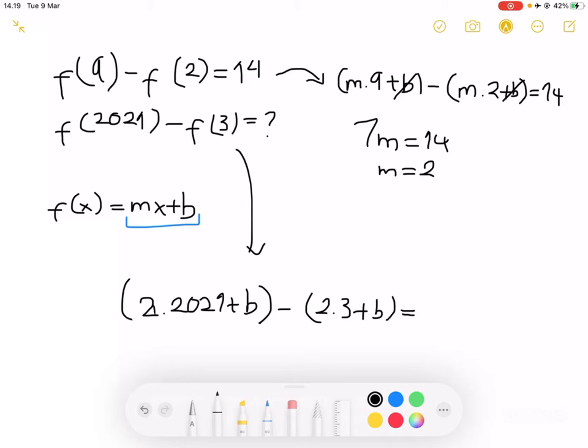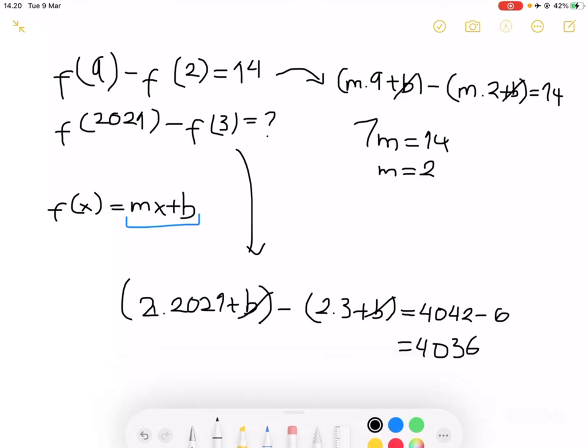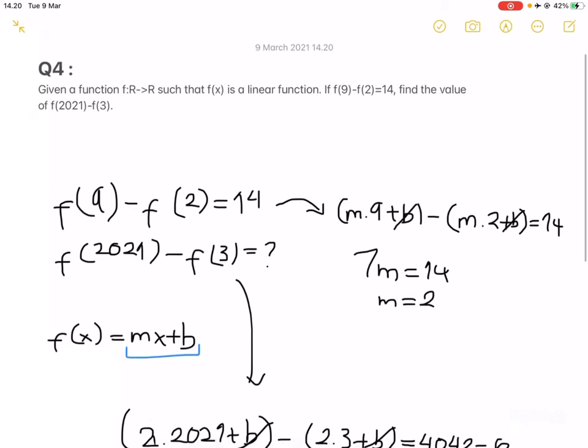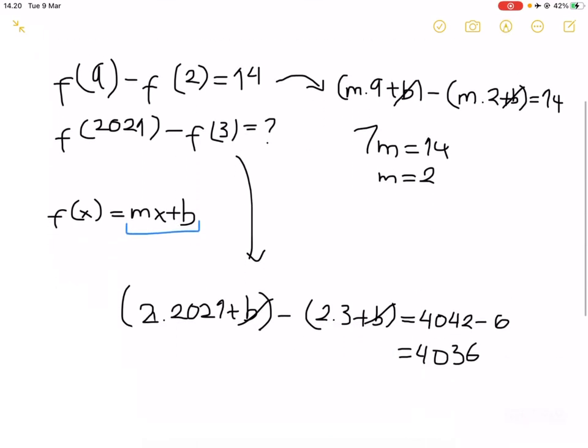Notice that b and b cancel yet again because of the minus sign. And here, it will be 4042 minus 6, leaving us with a final answer of 4036. A similarly hard question done very nicely.